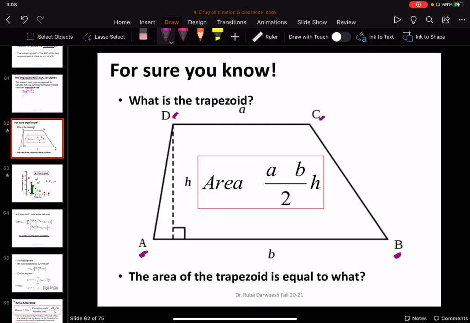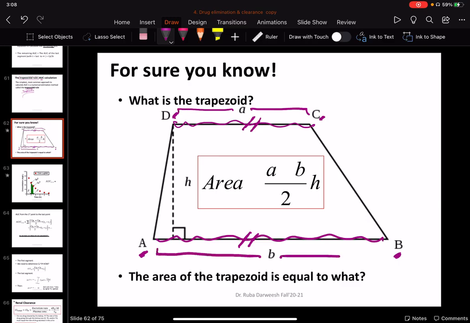Why do we call them bases? Because they are parallel to each other. The length of this is A, and the length of this is B, so A and B are the lengths of the two bases of the trapezoid.